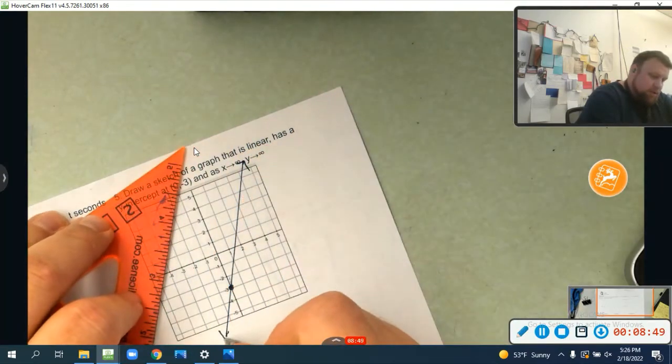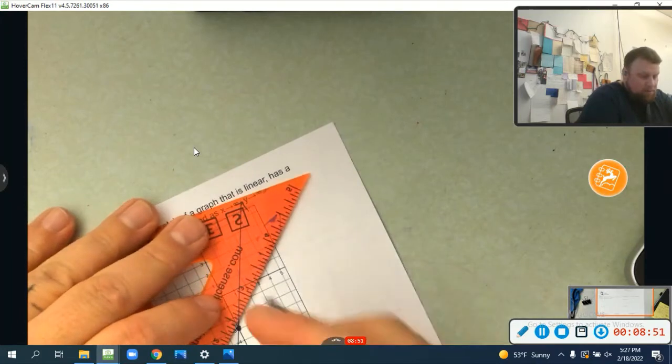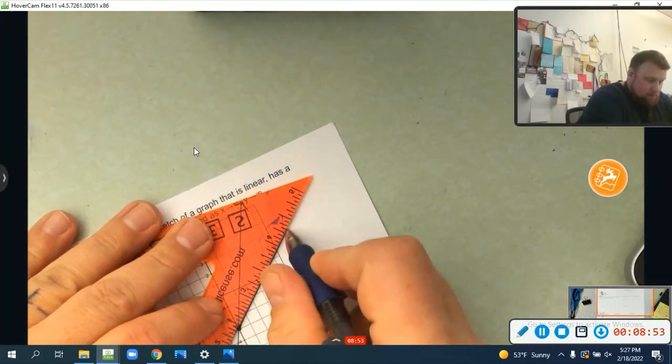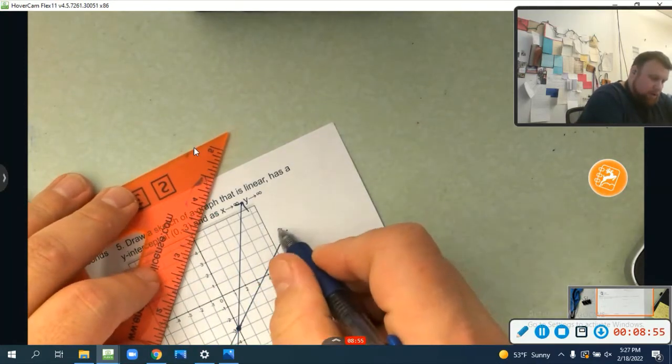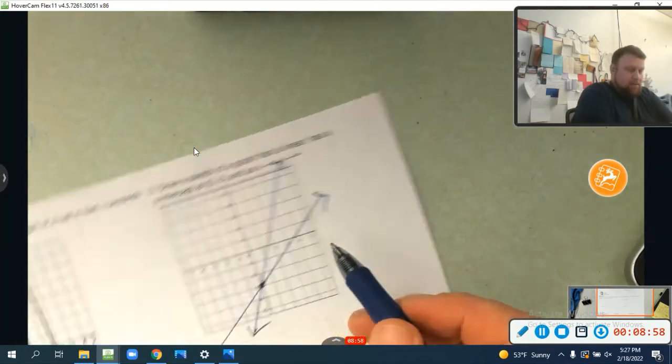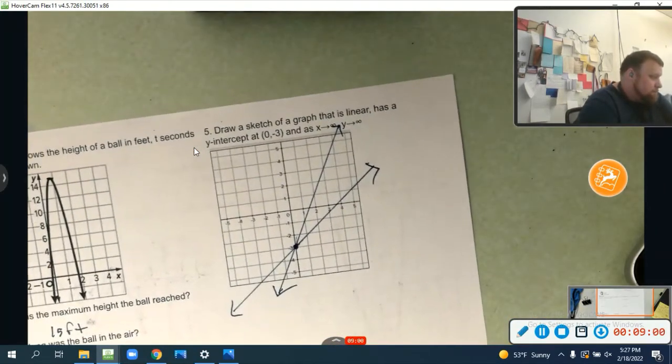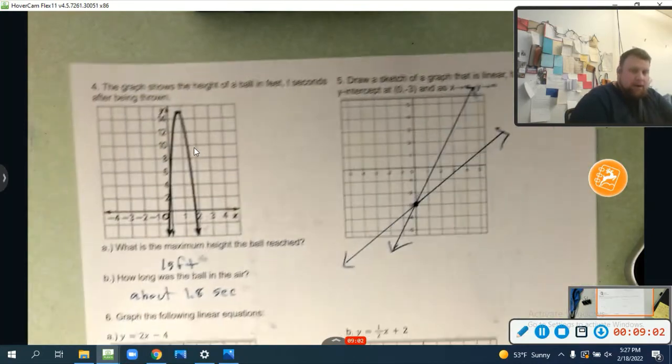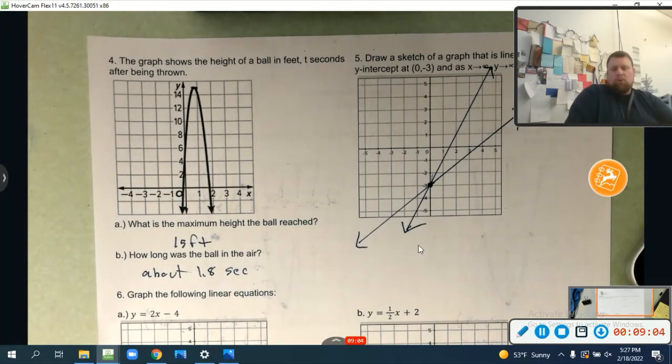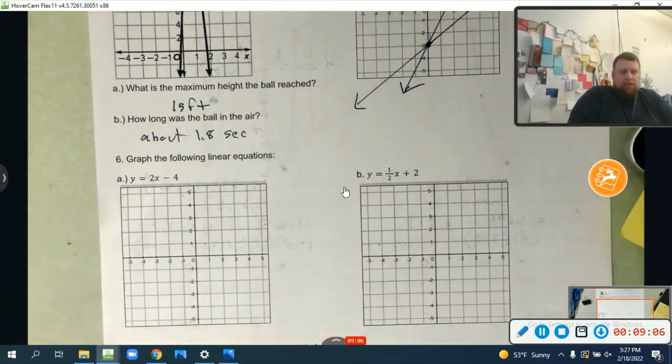Remember, it takes 2 points to define a line, so that would work. Really, any line that goes through this point has a positive slope, and we'll meet that need. So, there's that. You only need to draw one example of it, but there's many you could have drawn.